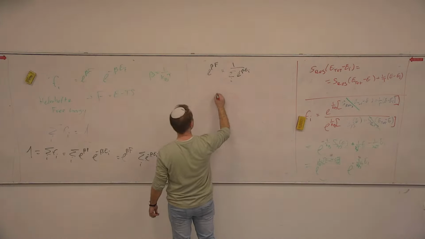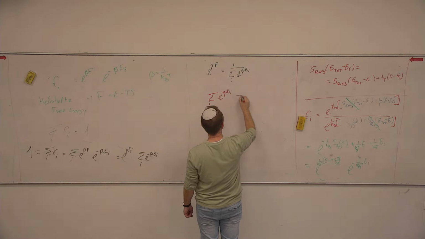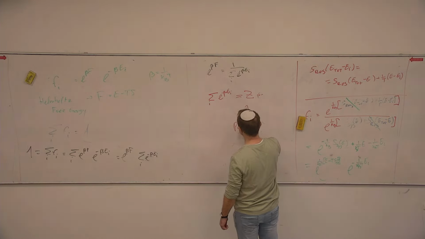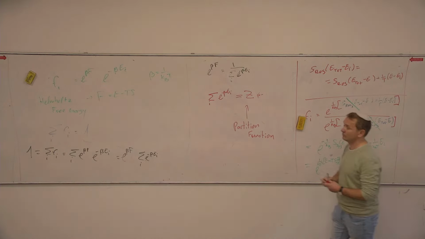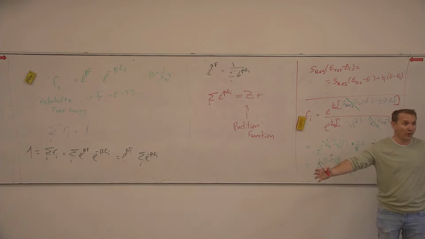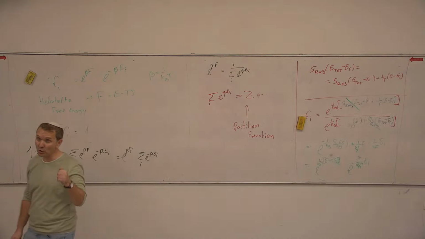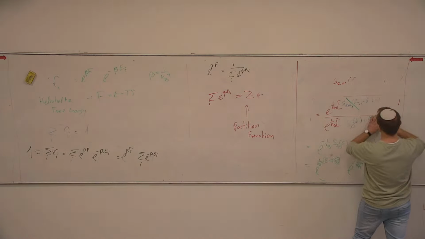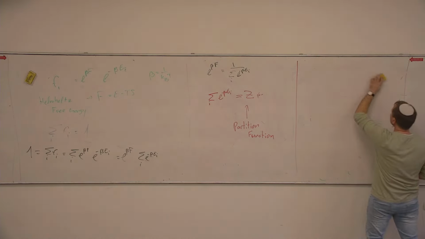So let's give a name to this sum, the sum over i of e to the power minus beta Ei. Call it Z, which is the partition function. And now we can write down all that we discovered just using the microscopical properties of your system. What do you have to do?